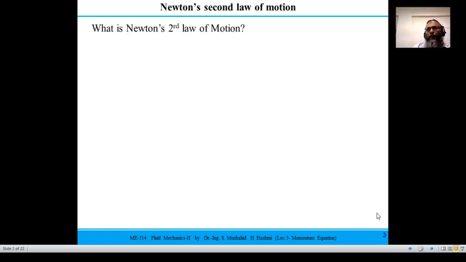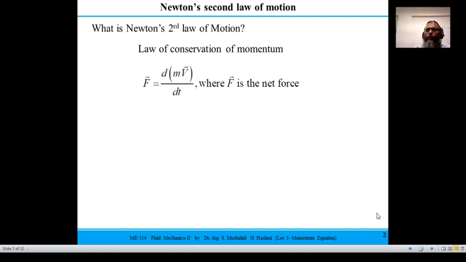Okay, let's start with what is Newton's second law of motion. Newton defined it in terms of momentum. Mathematically, we can say that the rate of change of momentum is equal to the net force acting onto the system.